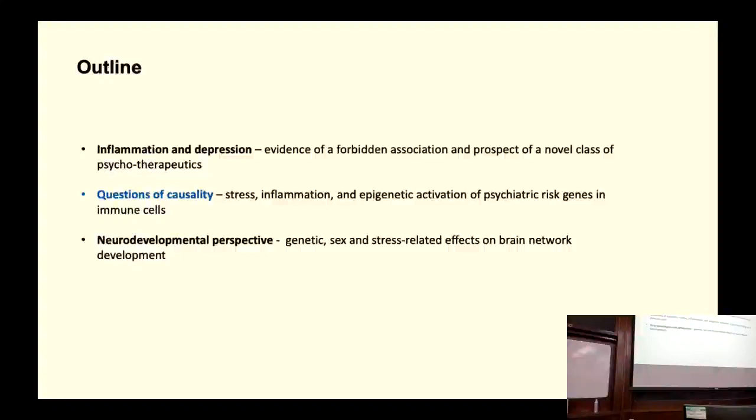But I want to dig deeper into the question of causality, because if you think about it from a drug development point of view, you really don't want to be investing a lot of time and a lot of money in a new drug to target a mechanism which is not on the causal pathway to the disorder you're trying to treat.